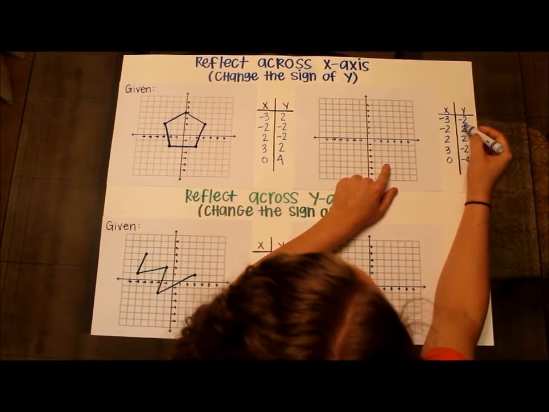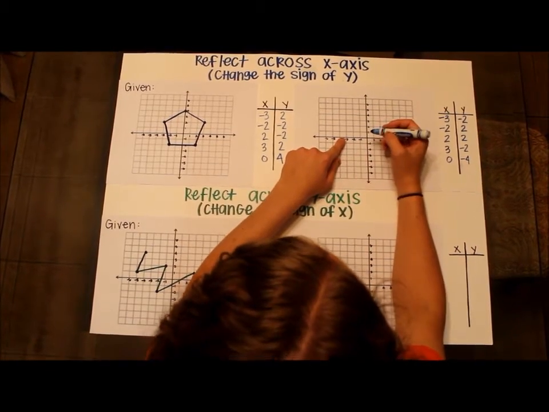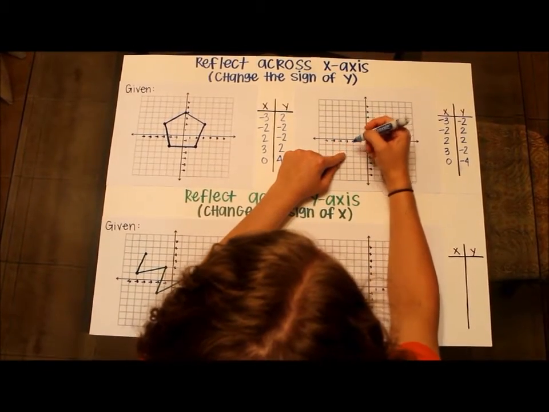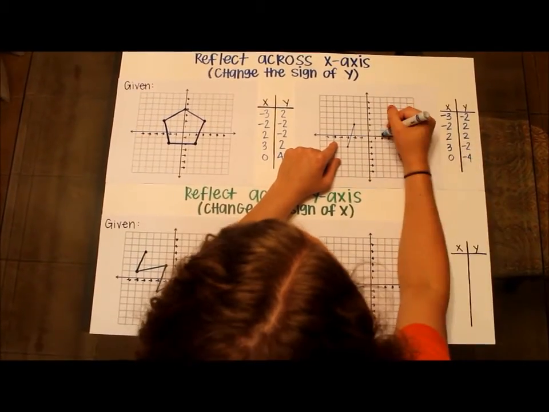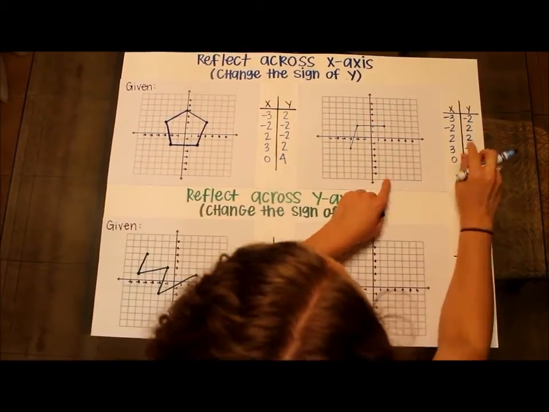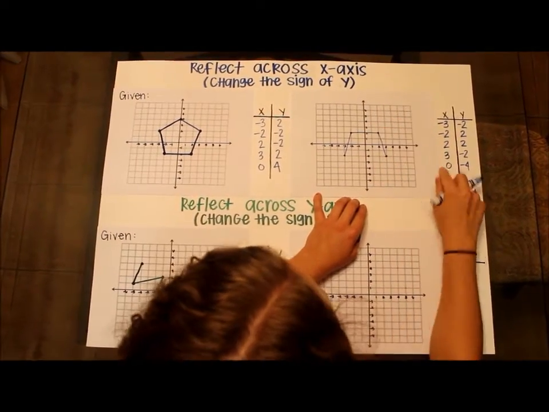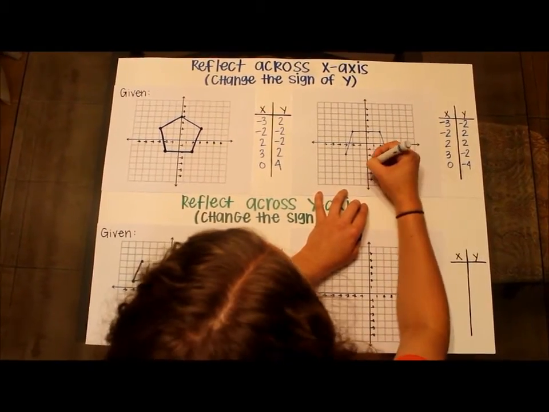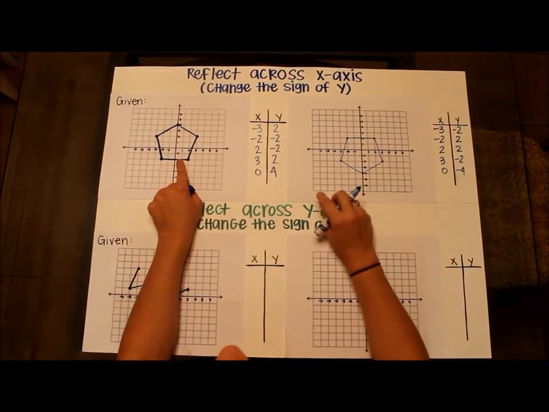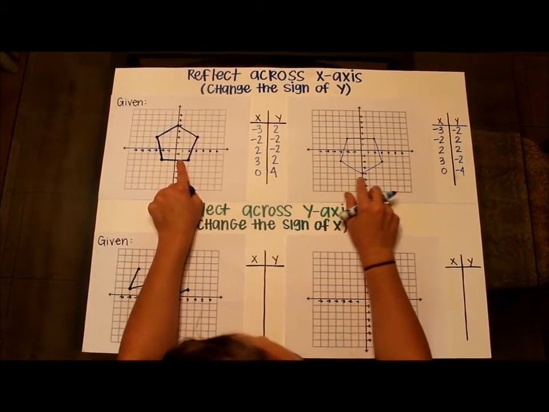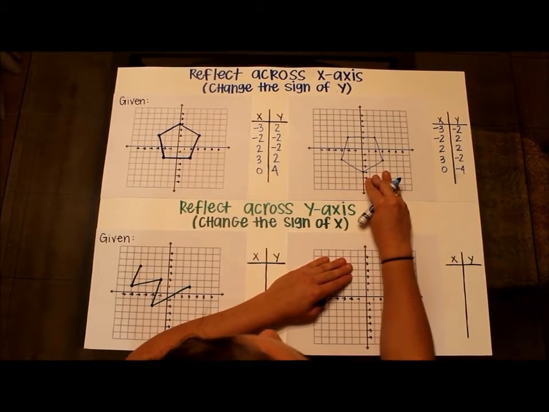So first point is -3, -2, I'm sorry. And now we have reflected our first given shape across the x-axis, and this is what we conclude with.